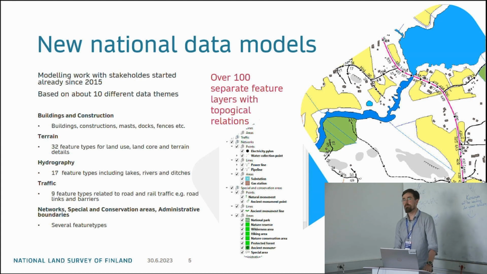One of the drivers for our development is new national data models. The modeling work with stakeholders has started already since 2015, and the new data models are based on about 10 different data themes, including buildings and constructions, terrain, hydrography, traffic, networks, special and conservation areas, and administrative boundaries.